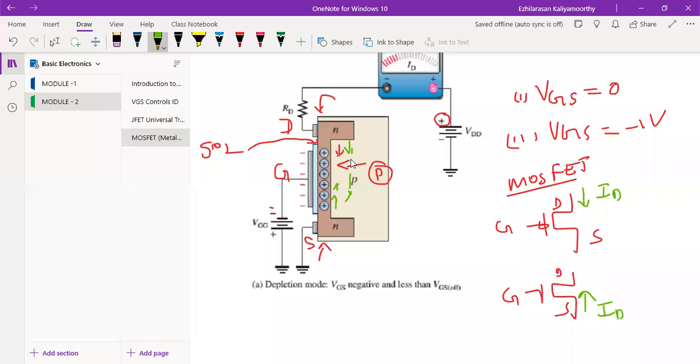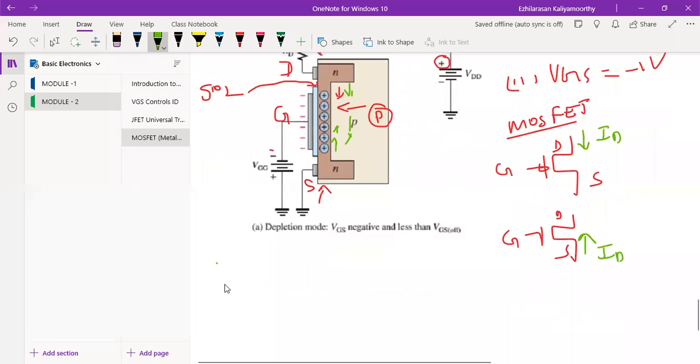Now, when this negative potential is further increased, meaning you increase VGS more and more, for example from -1 to -5 gradually, what will happen? The electrons will get depleted.